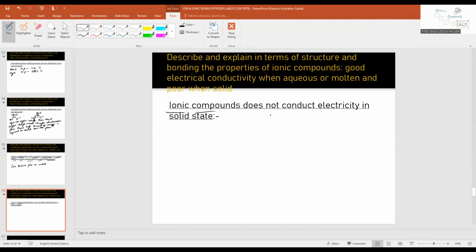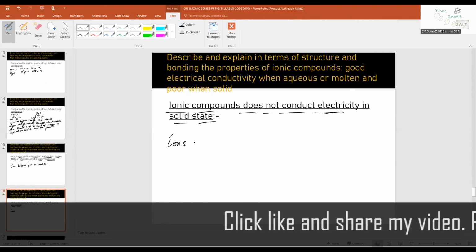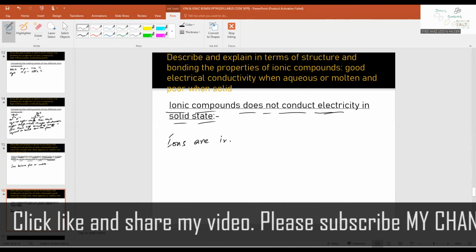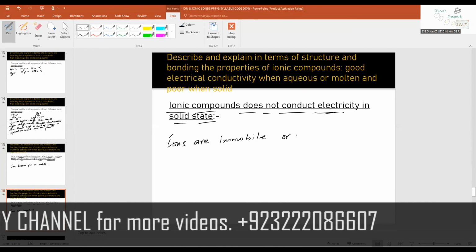Ionic compounds do not conduct electricity in solid state. In solid state, ions are immobile or not free.